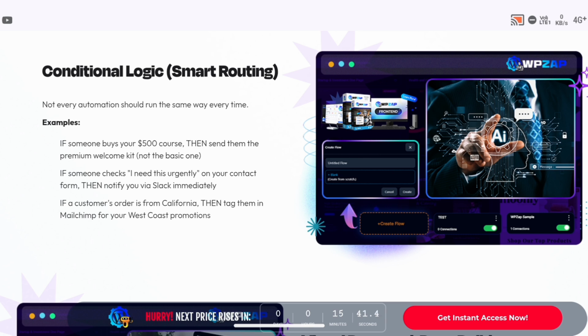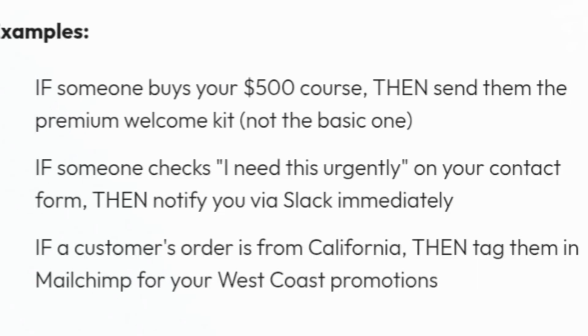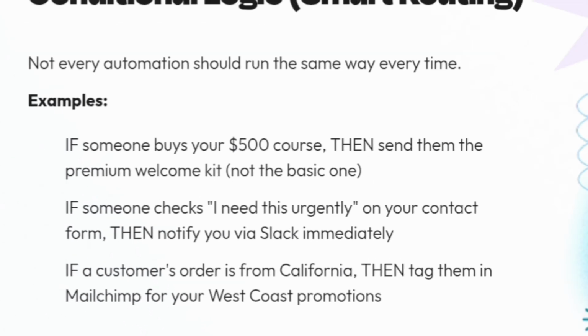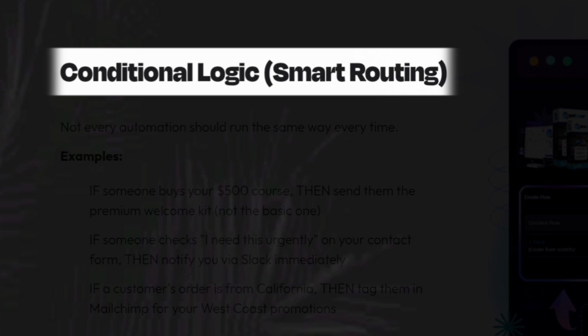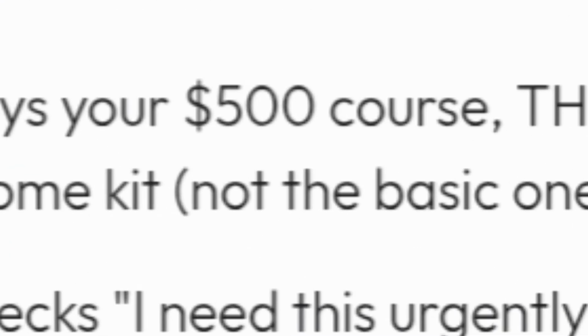Most basic plugins choke on this. They can't do if-then splits. WPZap handles it natively. You can build a single workflow that adapts based on order value, user role, or form responses. This is smart routing, and it is the difference between a $50 job and a $500 job.